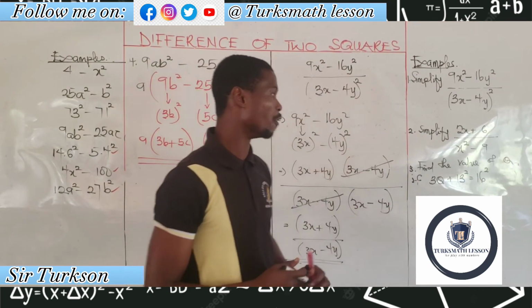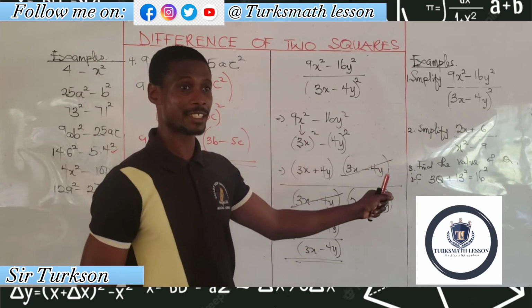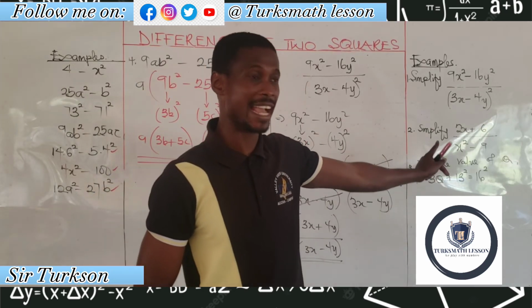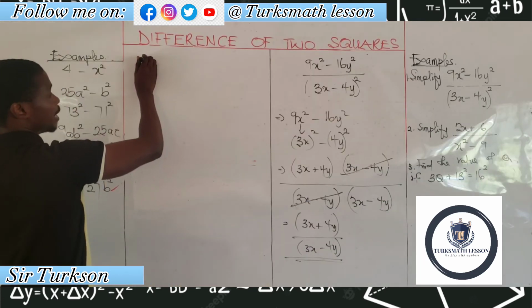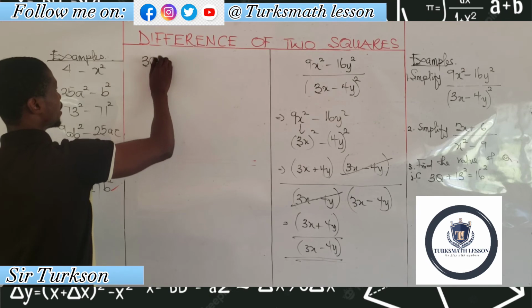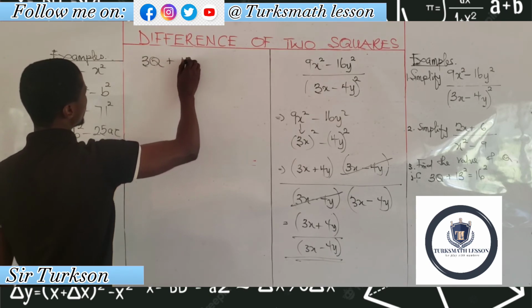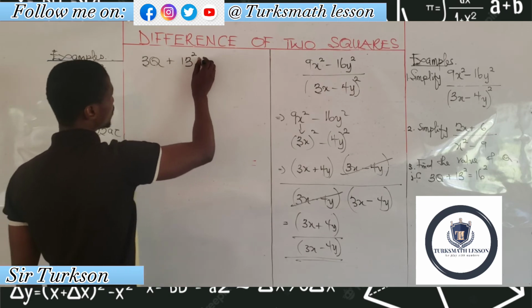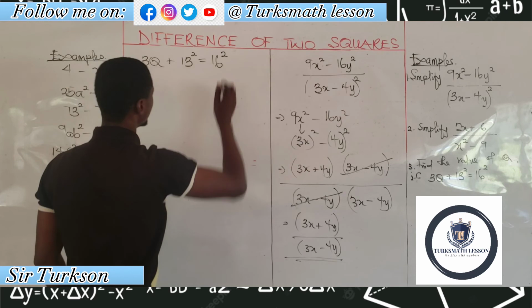Find the value of Q. If 3Q plus 13 squared equals 16 squared. 3Q plus 13 squared equals 16 squared.